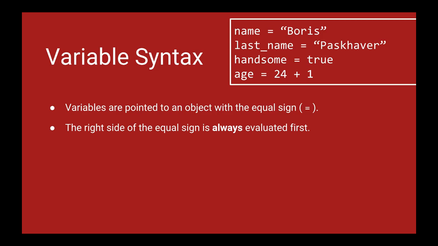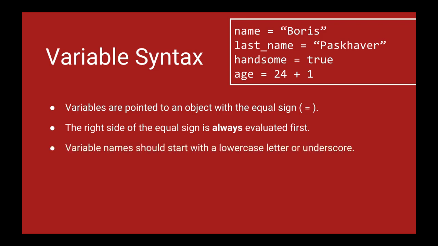That evaluation completes entirely before anything is assigned to a variable. Similarly, if we had some kind of concatenation operation, something like 2 strings being combined with the plus operator, those 2 strings would first be concatenated, and then that final result, that new string object, would be what the variable on the left side of the equal sign would point to.